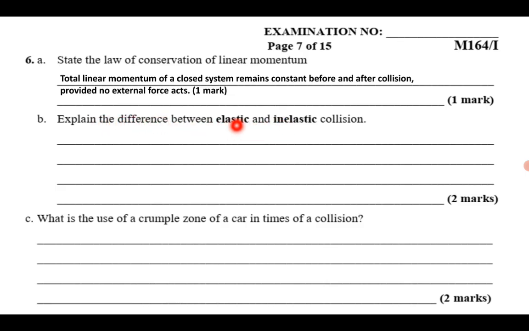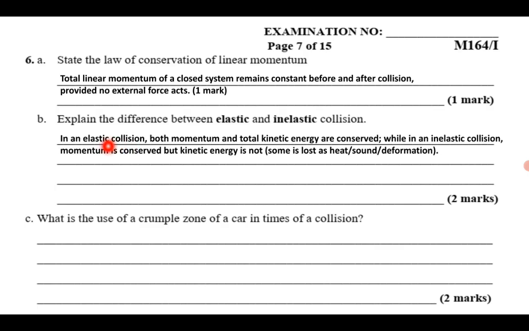Explain the difference between elastic and inelastic collisions, again related to momentum. Alright, so in an elastic collision, both momentum and kinetic energy are conserved. Remember, this is a kind of collision where bodies after colliding will separate. They don't stick together. So the total momentum and the total kinetic energy are conserved after collisions in an elastic collision.